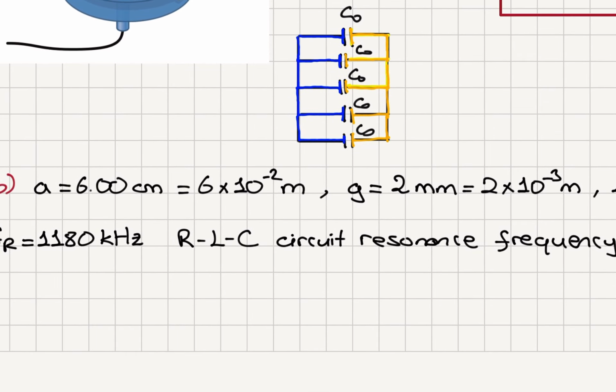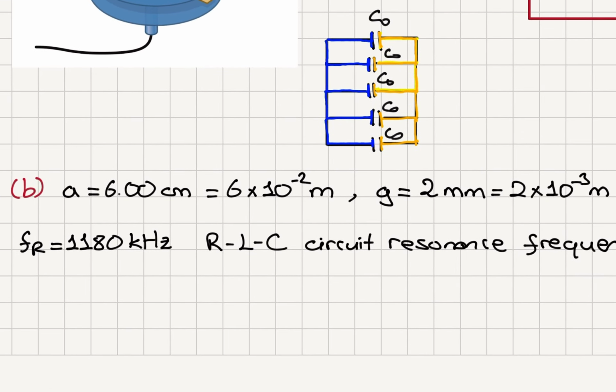Okay, so I can calculate the capacitance C as 5 epsilon 0 a square theta divided by G, and when the circuit is at resonance, the resonance frequency omega will be determined by the condition XL is equal to XC, which means omega is 1 over square root LC, and omega is 2 pi times the resonance frequency.